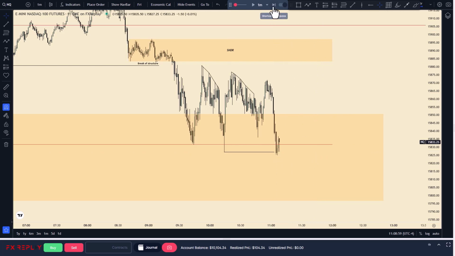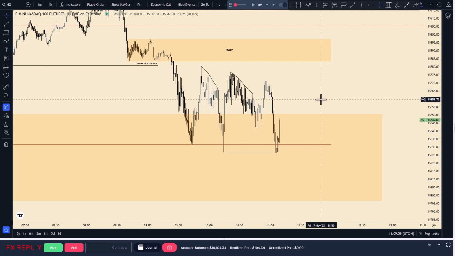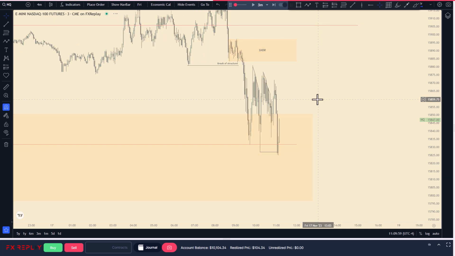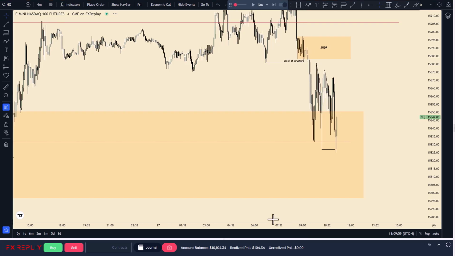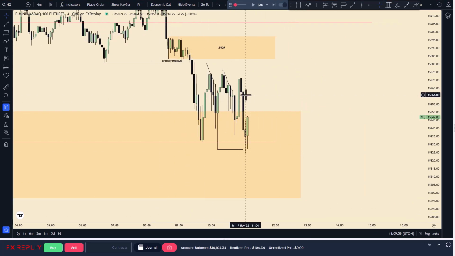Okay, I have talked about this in one of my videos. Nothing in here. Although we have a sweep on the 4 minute, but the target is still this imbalance at first. Price can easily tap into it and then give me one more push to the downside.